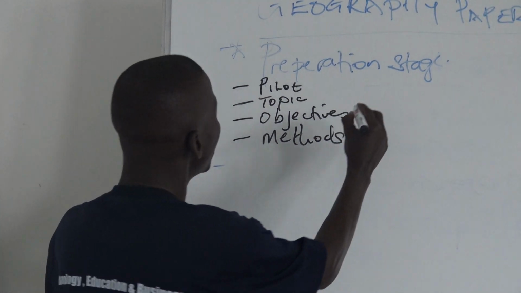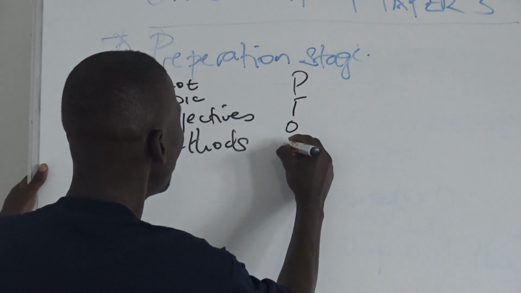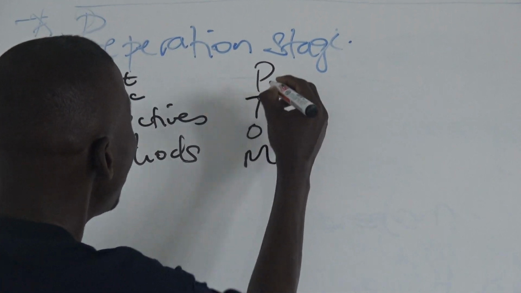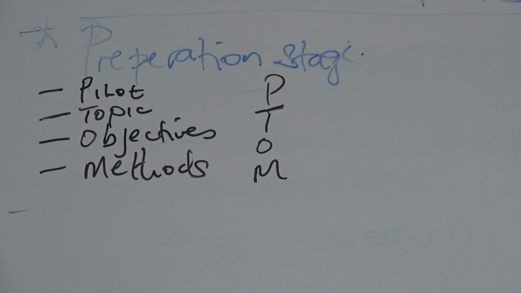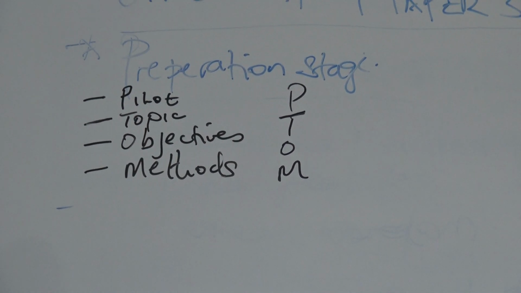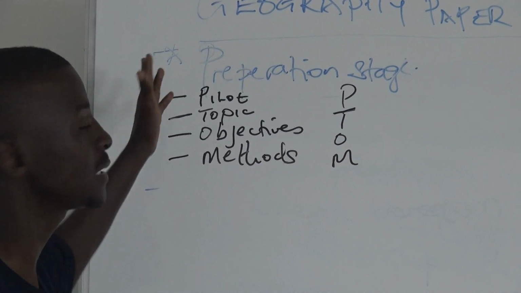That is summarized in a word, PITOM. For remembrance, so that you don't forget, if you can memorize that word, PITOM, that is the order. The preparation stage has its order.